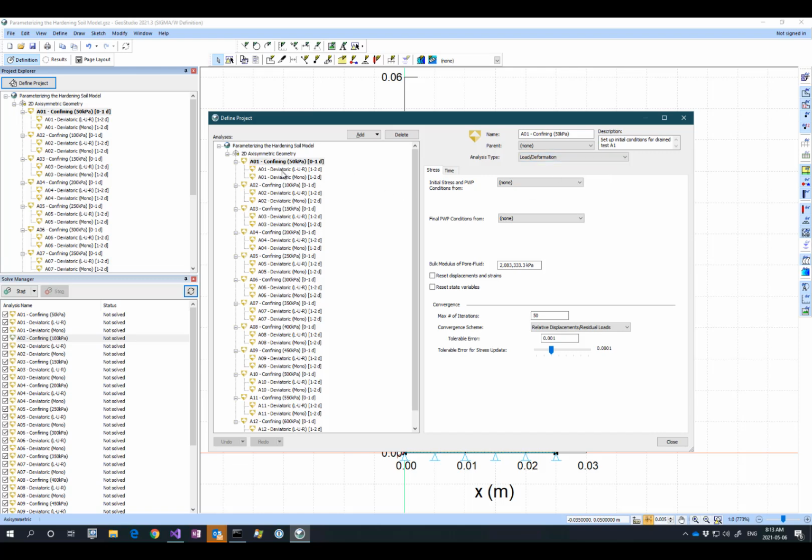The other thing that's worth noting is that our deviatoric phases are also load deformation, and the initial stresses and pore pressures come from the parent analysis. We also have the ability to set the final pore water pressure conditions, and you can see in this case it's the same as the initial conditions, meaning that there's no increment or decrement in the pore water pressure.